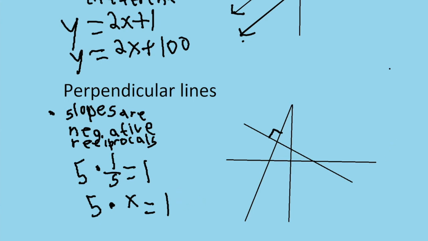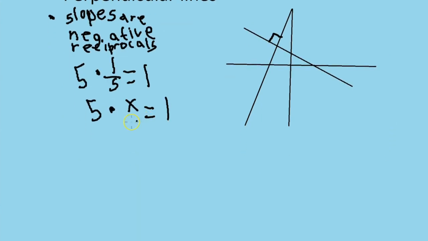A special trick to find a reciprocal is that the reciprocal of 5, aka 5 over 1, is a flip. You bring the bottom to the top and the top to the bottom, and you get 1 over 5.